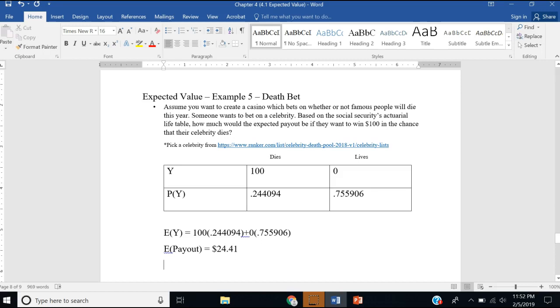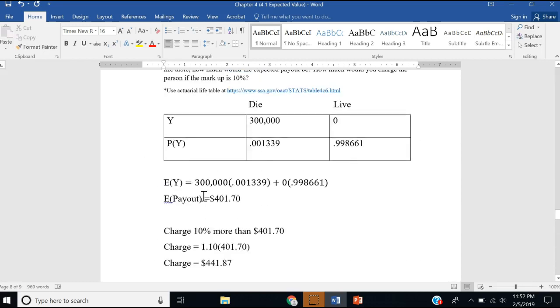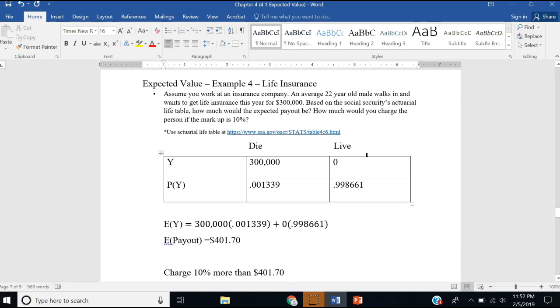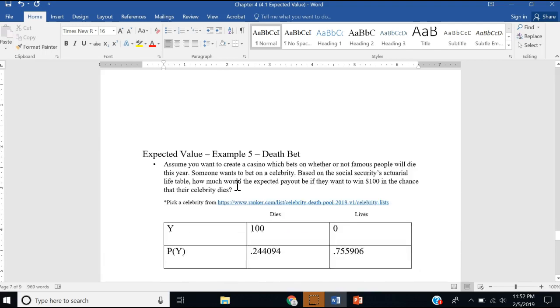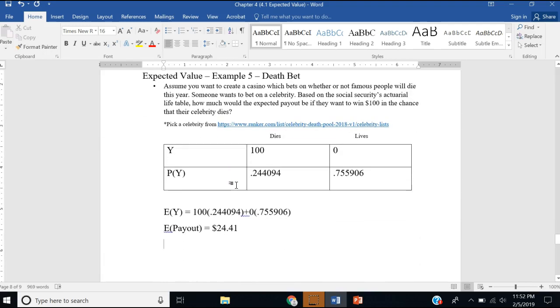Notice that the actual mechanics of the death bet is the exact same as the mechanics of life insurance. So numerically speaking, these two scenarios are basically exactly the same. Now, obviously, morally, they're different. Legally, they're different.